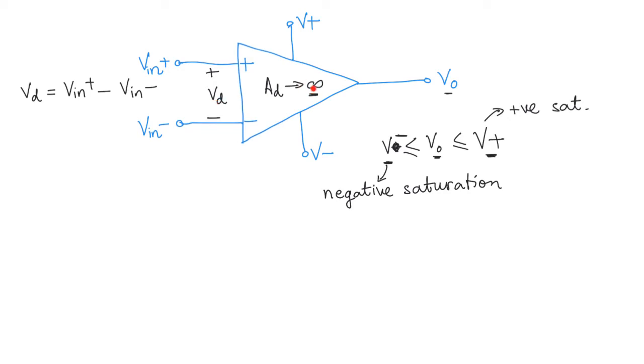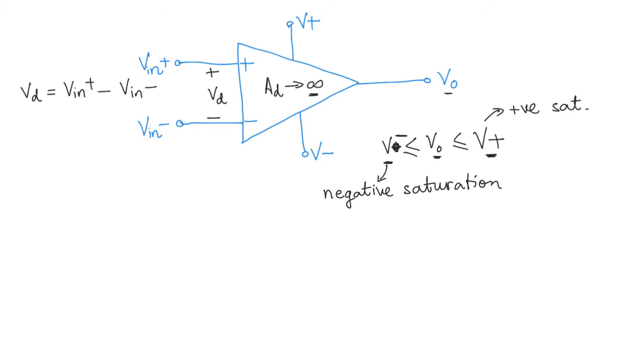VD times infinity is positive infinity. The voltage cannot reach positive infinity but is capped by V plus, so the V output will be equal to V plus. If VD is negative, then negative infinity would be the output, but you cannot get any more negative value than V minus. So V output will be equal to V minus.